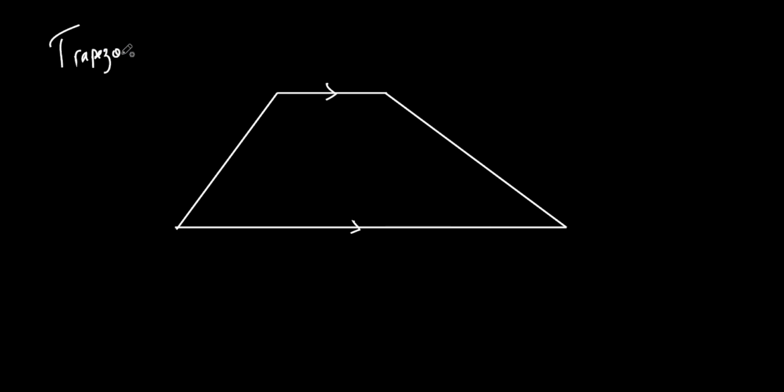What if a quadrilateral had 2 pairs of parallel sides? What would that be? It's not a trapezoid. Come on. Are you guys here? If you had a quadrilateral and you had 2 pairs of parallel sides on that quadrilateral, 2 opposite sides are parallel.